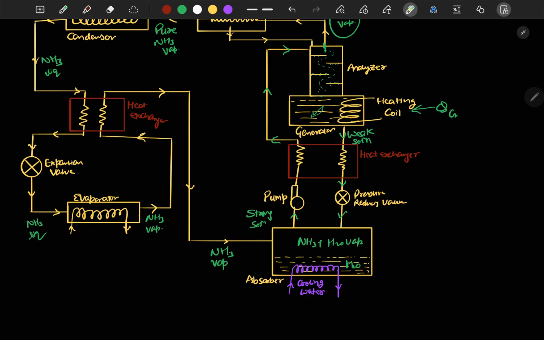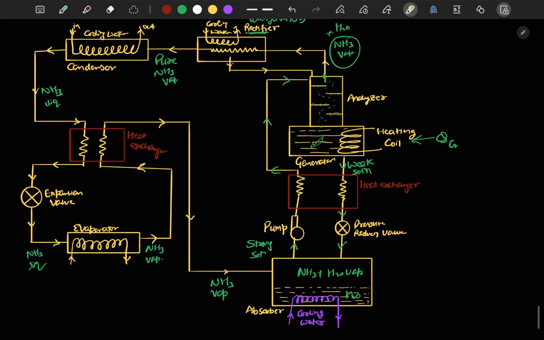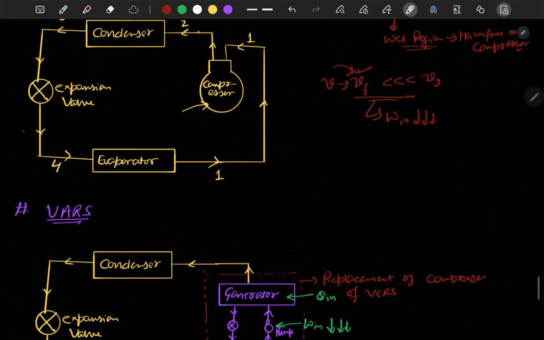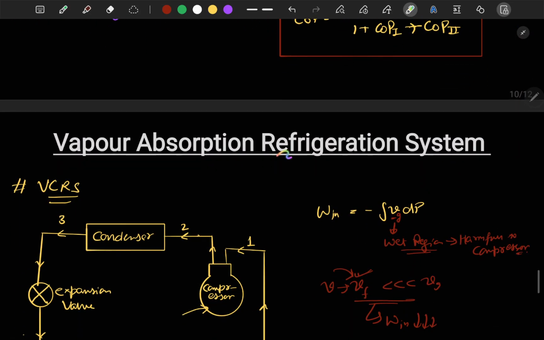So both of our problems are satisfied, and that is why we use this heat exchanger here. One most important point I should mention: this vapor absorption system is used in very large scale operations.